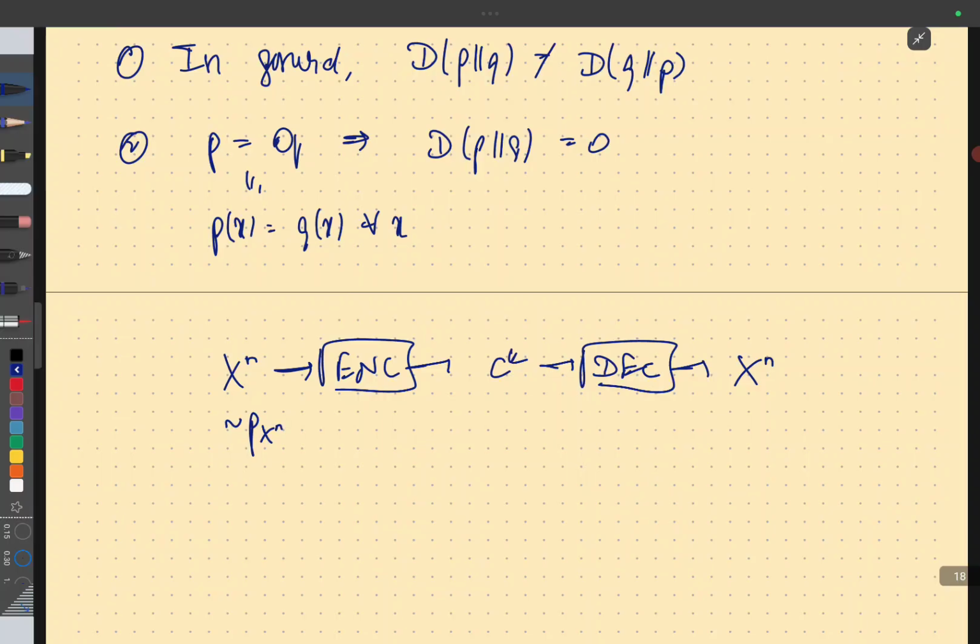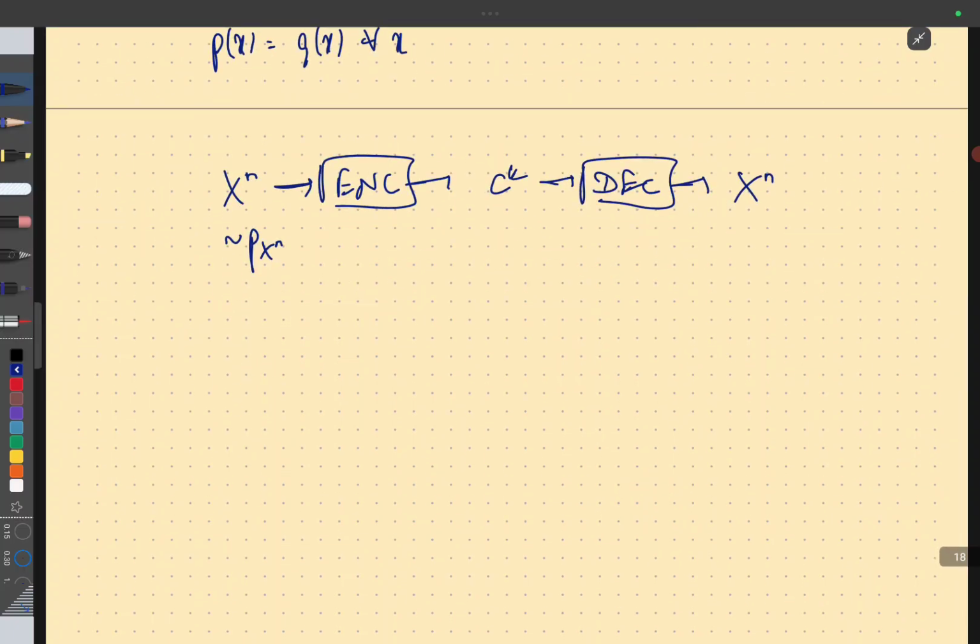I don't know what Pxn is. But I'll still go ahead and use a different distribution, Qxn. All right, so I design a compression scheme. I use the same approach of sorting the sequences in decreasing order of probabilities, but I don't know what the true probabilities are, so I'll sort them in decreasing order of Q probabilities.